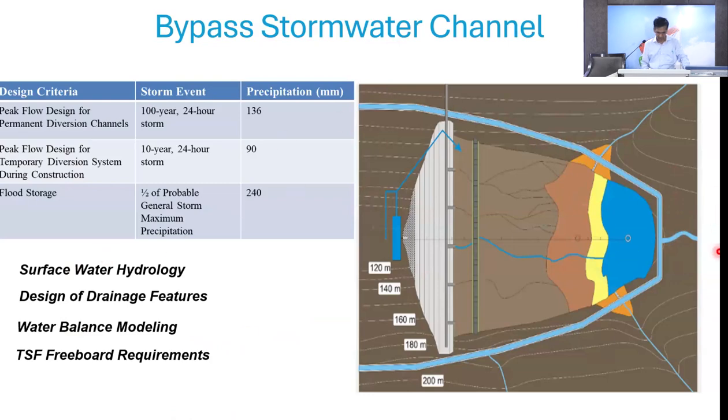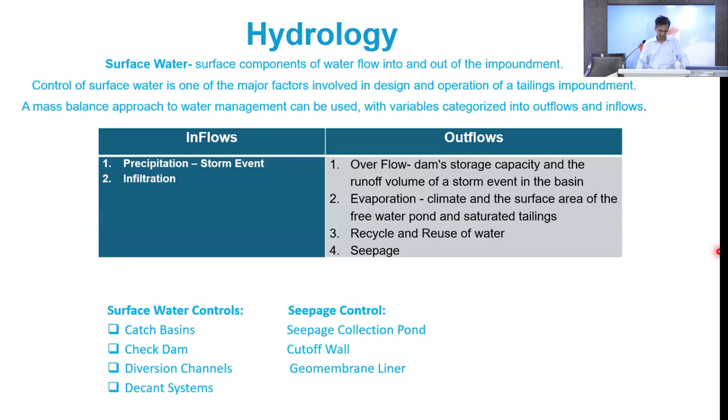And otherwise, if I have no choice, I divert it to a natural water body, or finally the decant system. I can capture it from there itself and take it out because it is not in the pond.